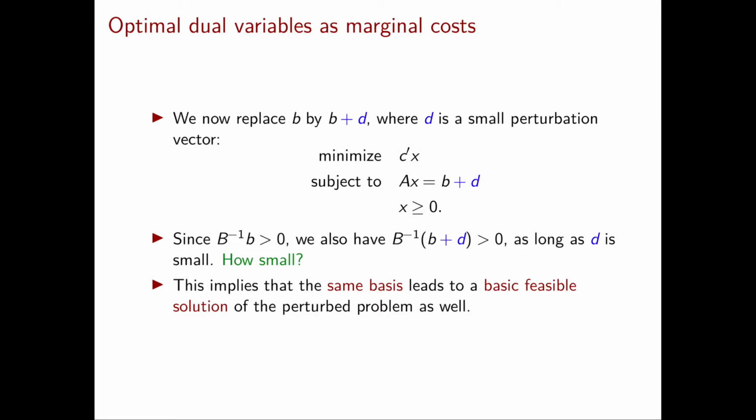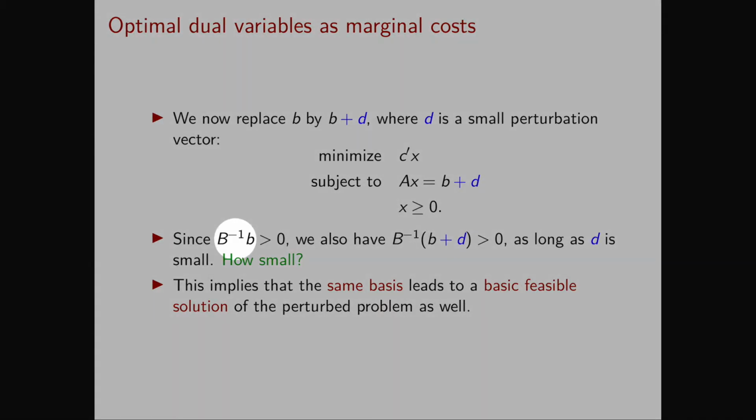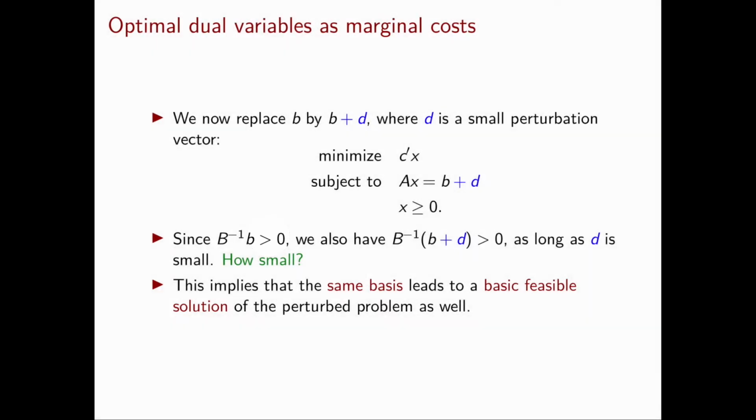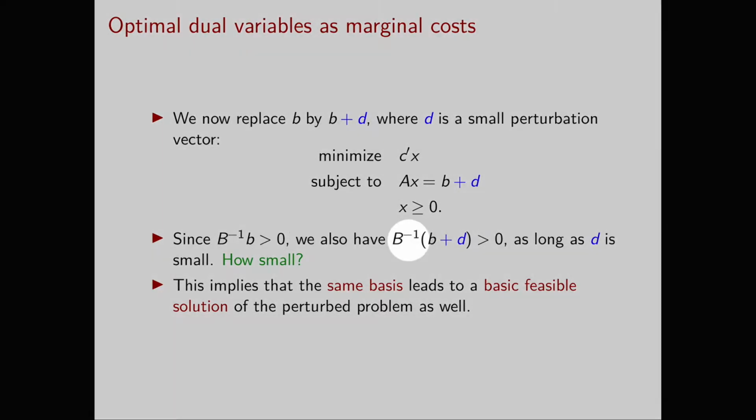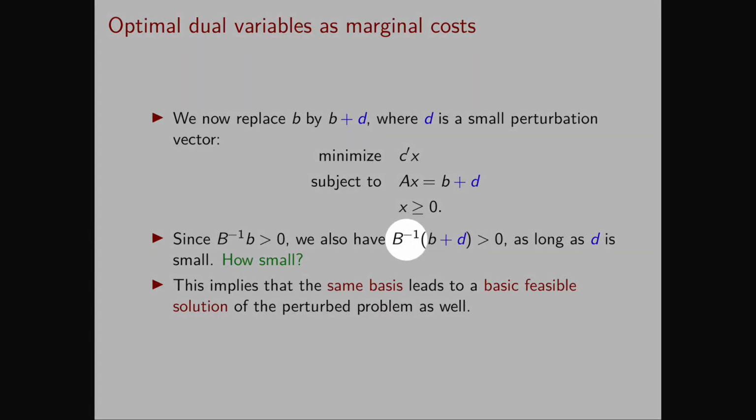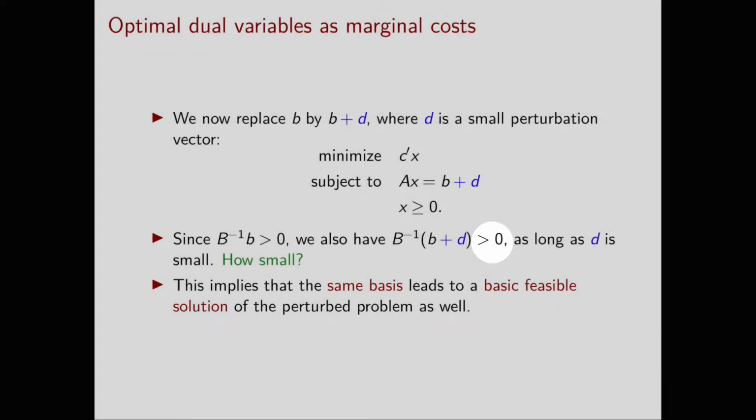We have just seen that the basic components of X star are strictly positive. If we now use the same basis for the new problem, we obtain that the vector of the basic components now is B inverse times b plus d. Now, since B inverse b is strictly positive, if the vector d is sufficiently small, we have that also B inverse times b plus d is strictly positive.